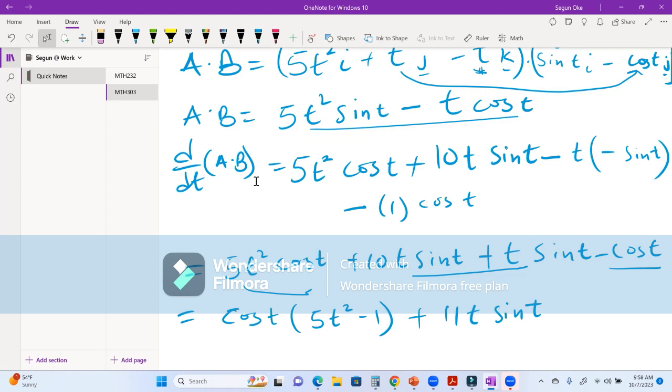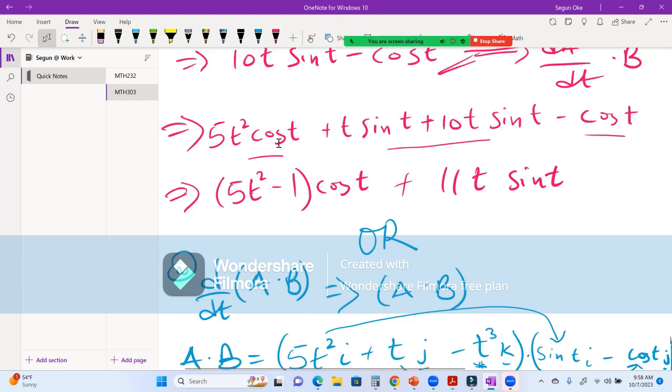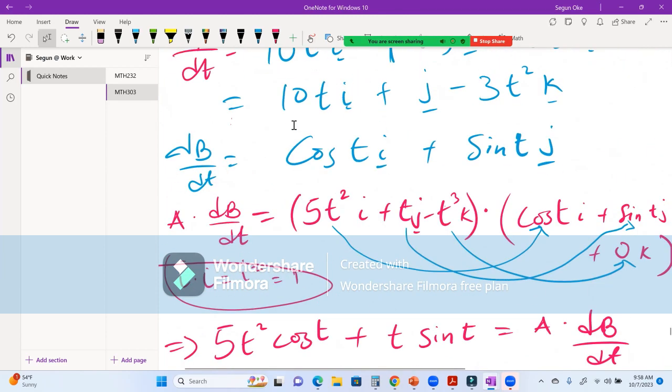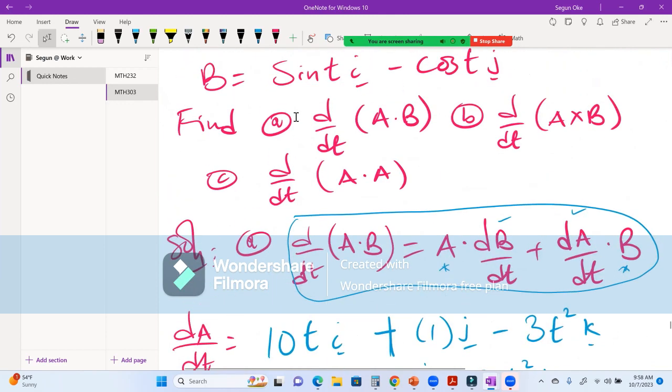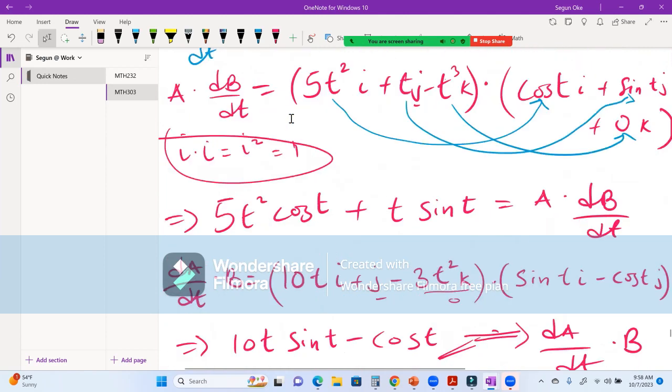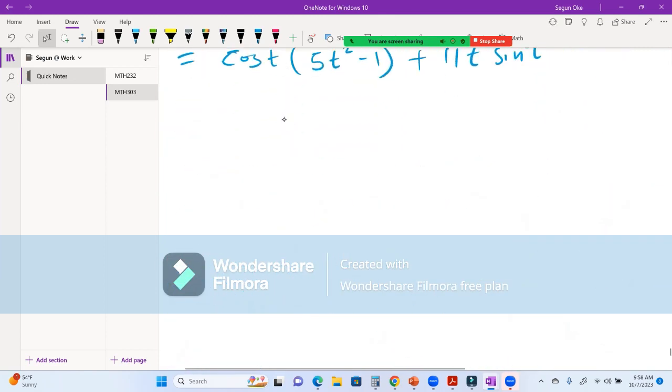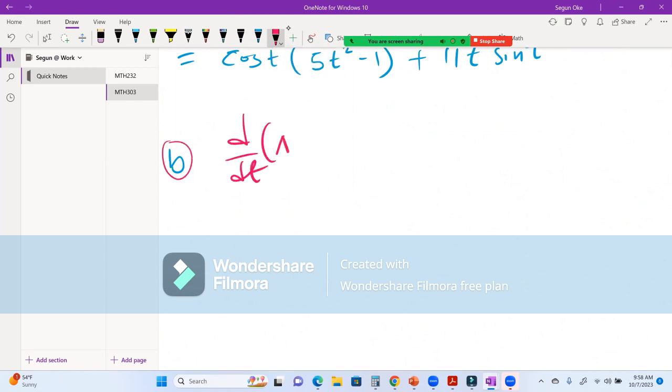So the B aspect of it. Let's look at question B. The question B says what? d/dt of A cross B. Don't forget, d/dt of A cross B. Let's do it. d/dt of A cross B. According to our definition, the derivative of A cross B is what?